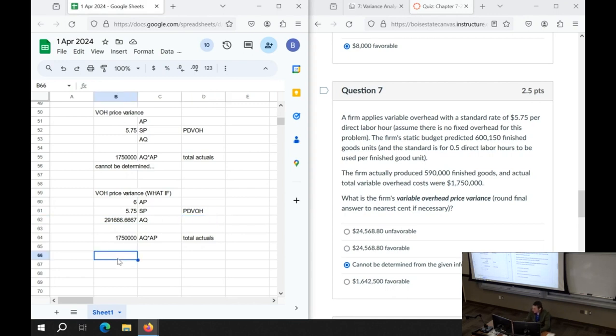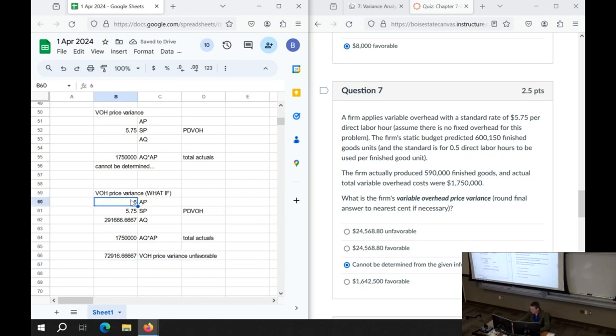So we could then figure out our equation. We take our parentheses, actual price minus standard price, which ends up being 25 cents there in the parentheses, and multiply it by our actual quantity. So that should be our variable overhead price variance, and it is unfavorable. Check the logic there.